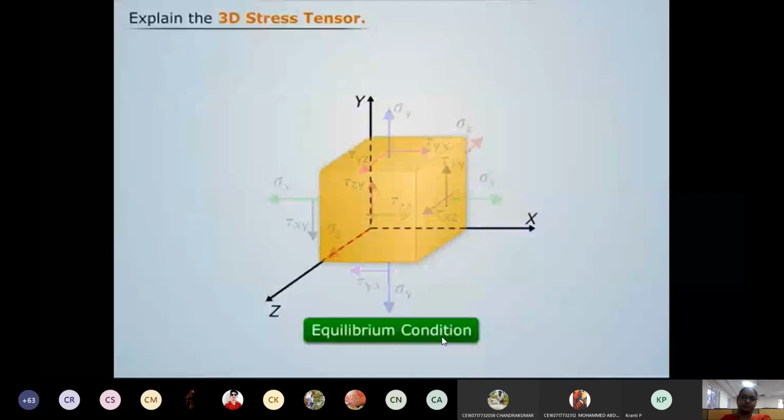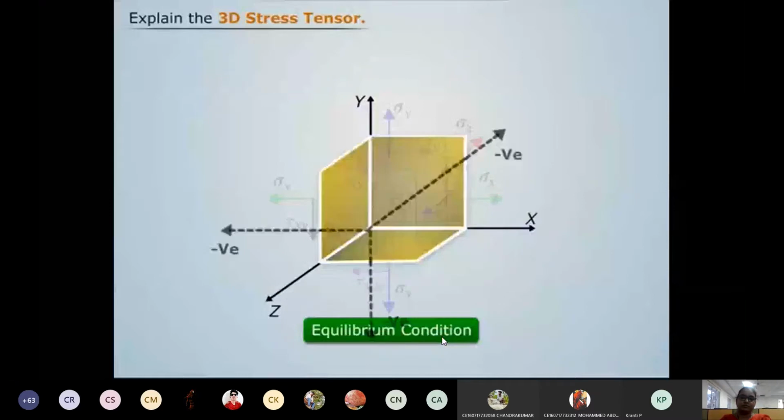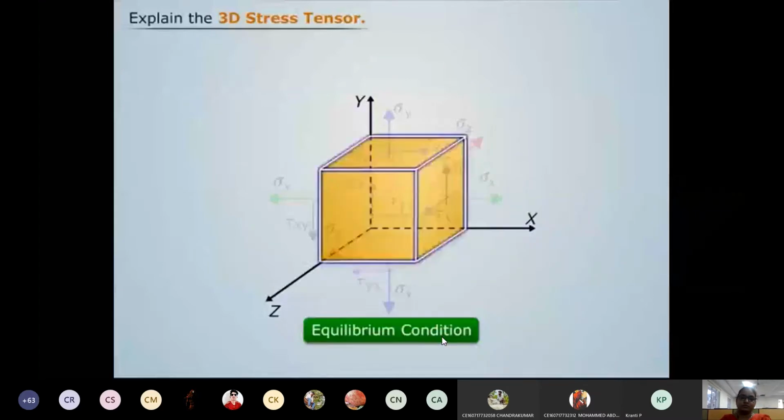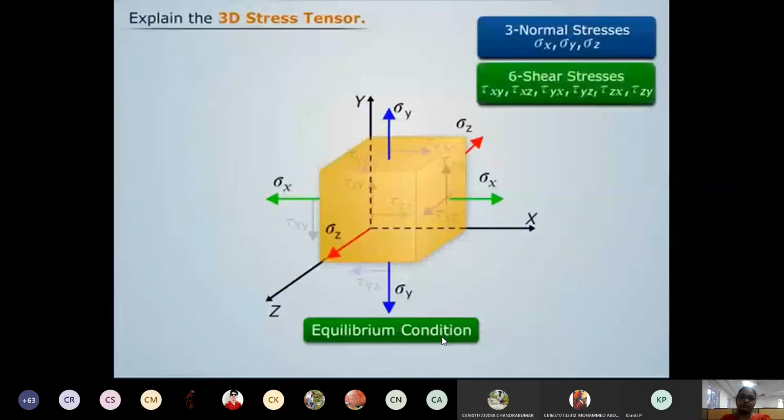We see that this stress element consists of 6 faces in the 3 dimensions. The face perpendicular to the positive direction is called positive face, and that to the negative direction is called negative face. Now the stress element is subjected to 3 different normal stresses and 6 different shear stresses.